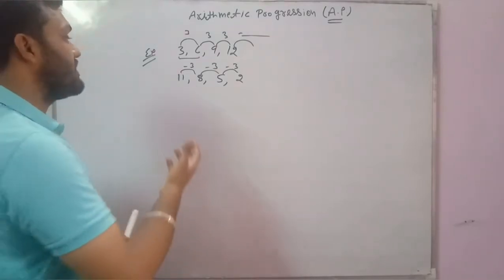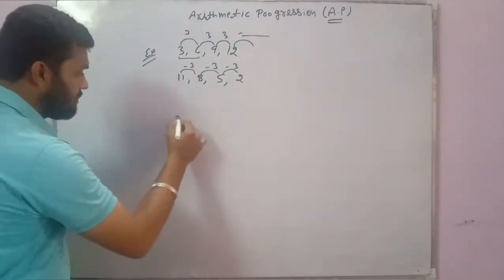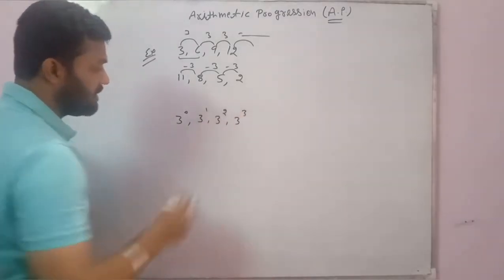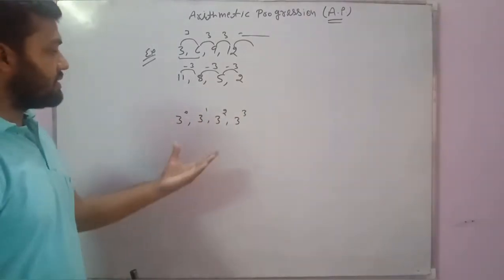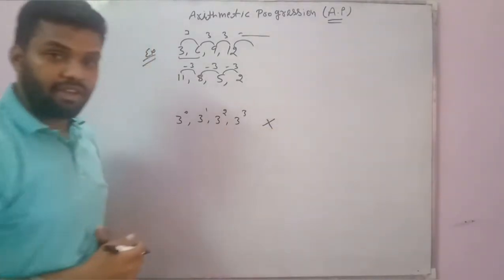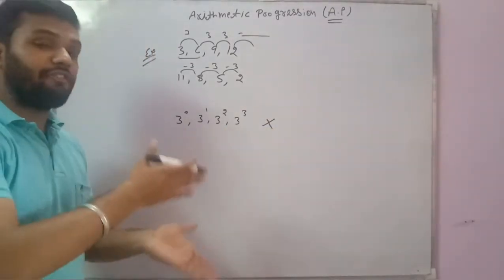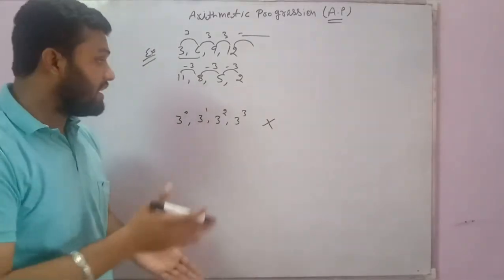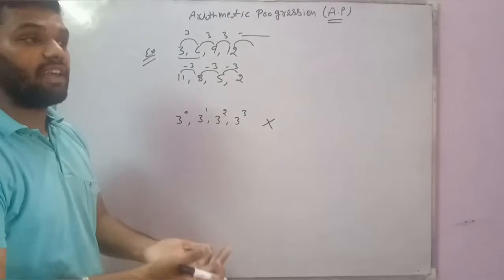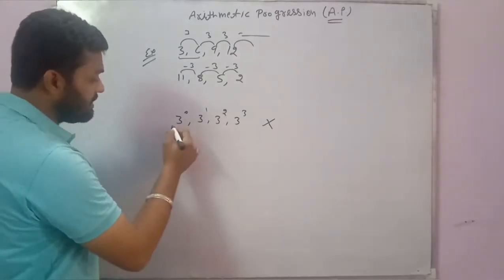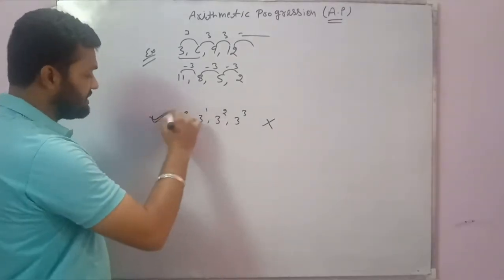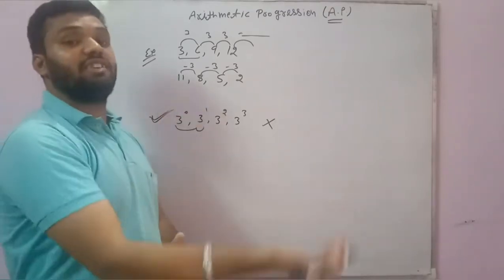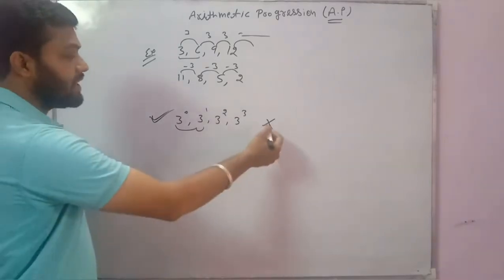In general form this is called AP. Next: 3 to the power 1, 3 to the power 2, 3 to the power 3. This is not an AP because in the definition of AP we add a fixed number to the preceding term. But here we do not add in this series. We multiply the preceding term to find the succeeding term. So this is not an AP.